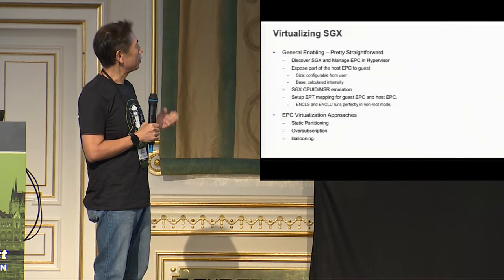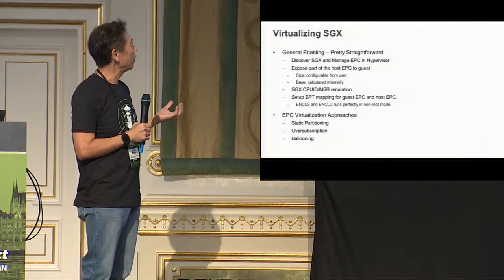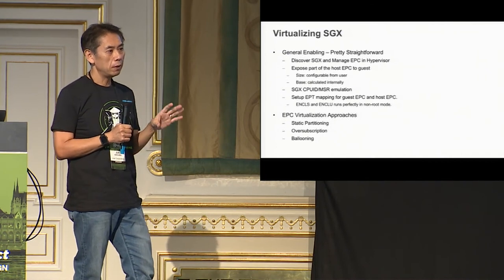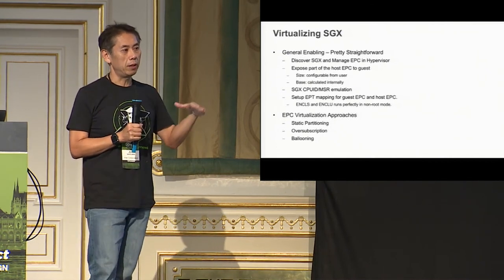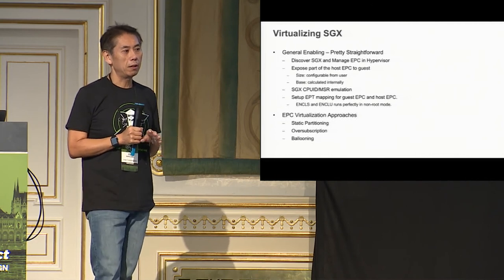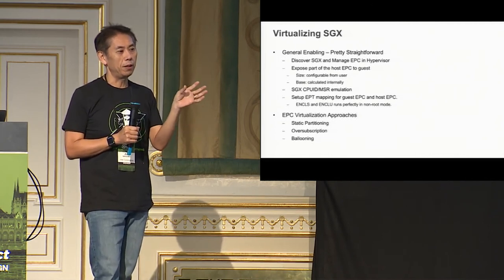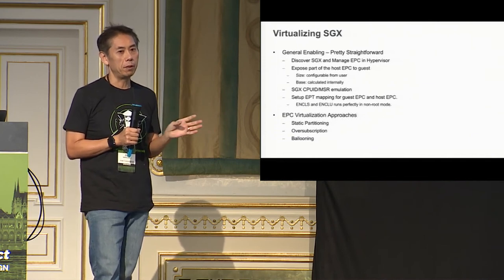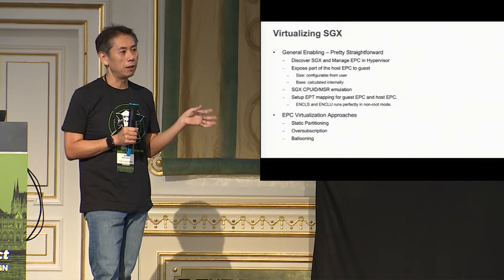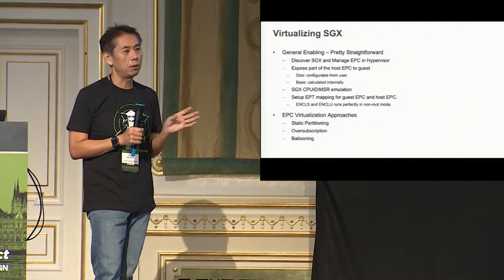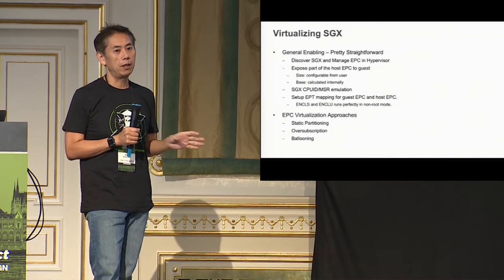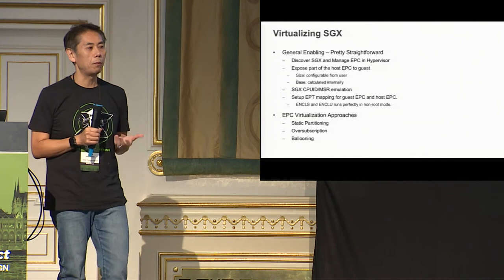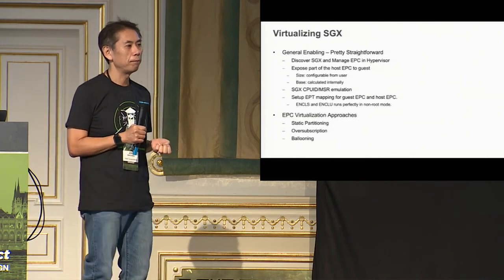Now, it's not very tricky, but the only challenge is EPC virtualization. Like I said, EPC is limited. On the native side, where you have basically only one operating system, you can probably have sufficient EPC, but on virtualization, where you have more than one VM, you could have more demand for the EPC, right?